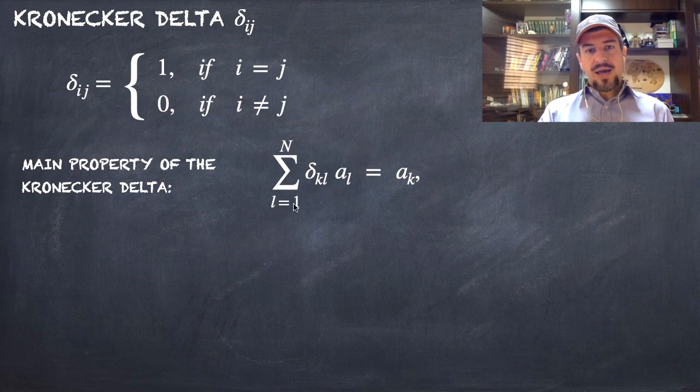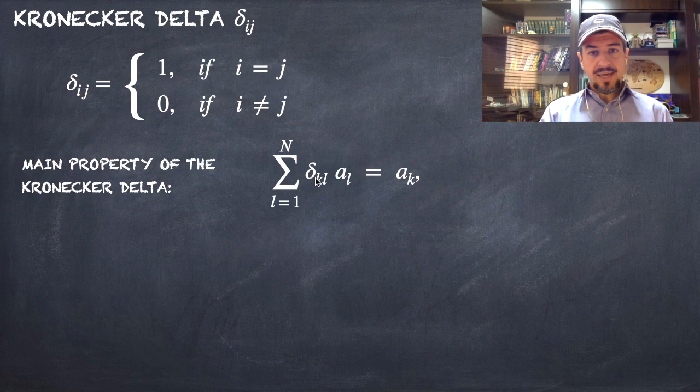We can have l equal to 1, 2, 3, and if l is equal to k, then we will have delta_kk A_k, and in that situation, delta_kk is going to be 1. In any other term of this summation, this delta is going to be 0.